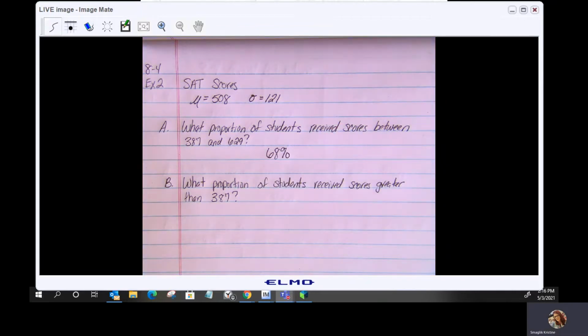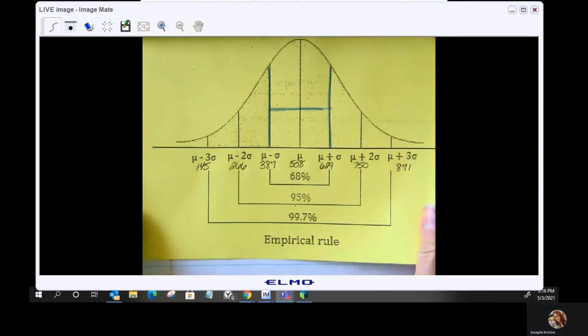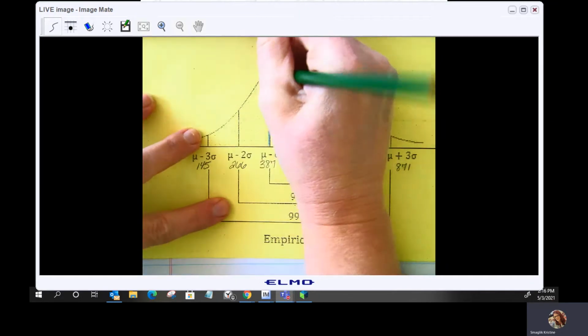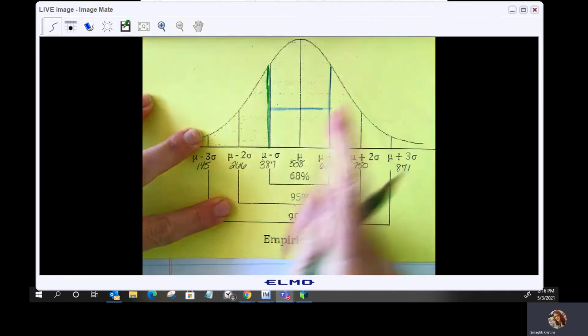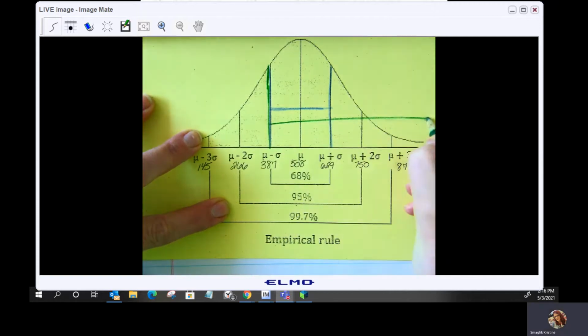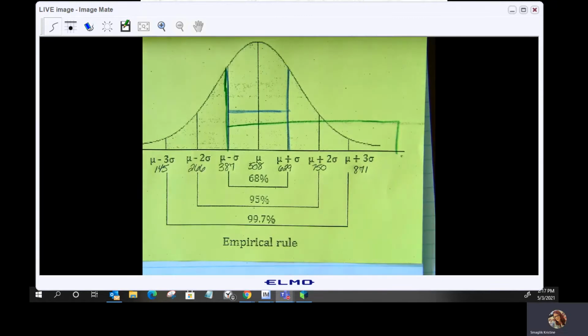What proportion of students receive scores greater than 387? So here's 387. So I'm considering everything from here all the way to the very end. So multiple ways to look at this.